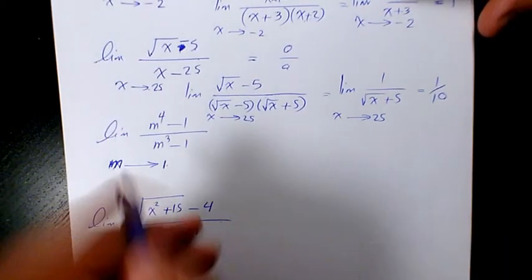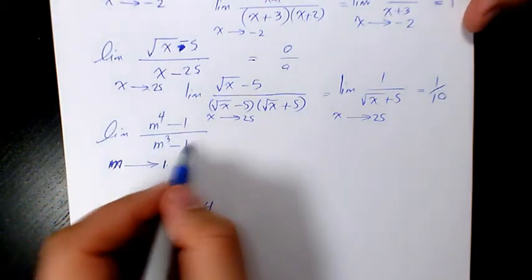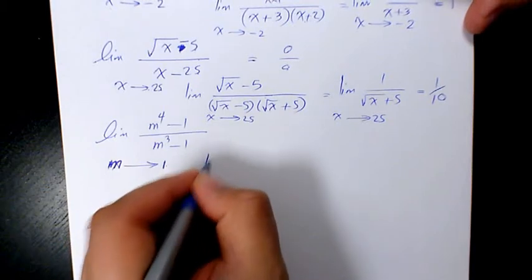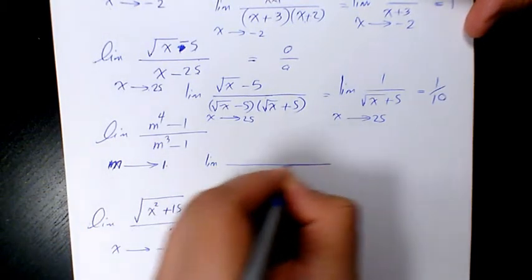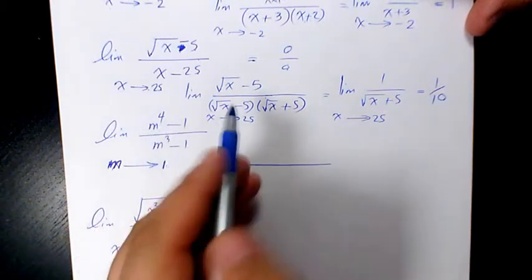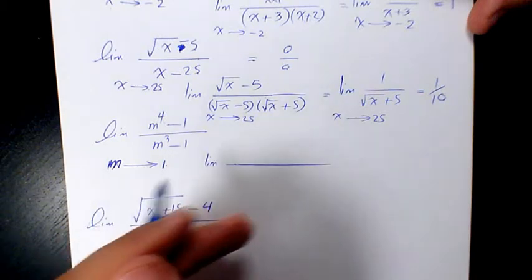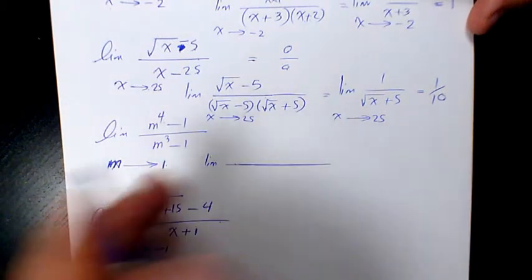Next one is the limit of (m to the power of 4 minus 1) over (m cubed minus 1). Since it's 0 over 0, you need to factor it. It's going to be (m squared minus 1)(m squared plus 1), and m squared minus 1 you can write as (m minus 1)(m plus 1).